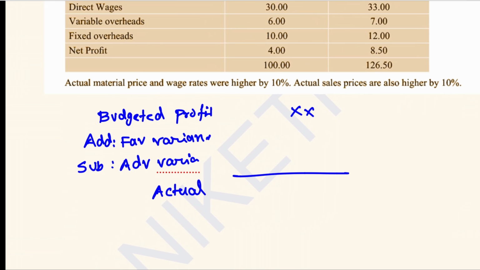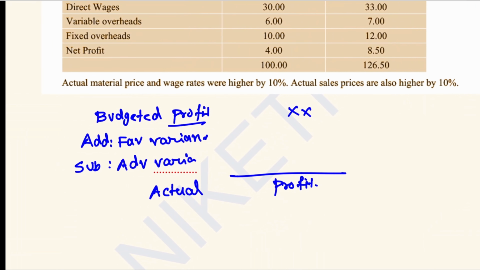This is the meaning of it. So starting with budgeted profit, I will start with the budgeted sales value. Instead of profit, I will take the sales value and then add or subtract the cost variances. So this is a general format for any reconciliation. You start with one, do certain adjustments, and then you end with one.